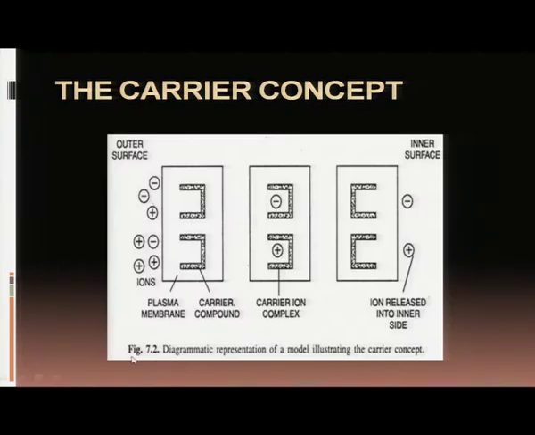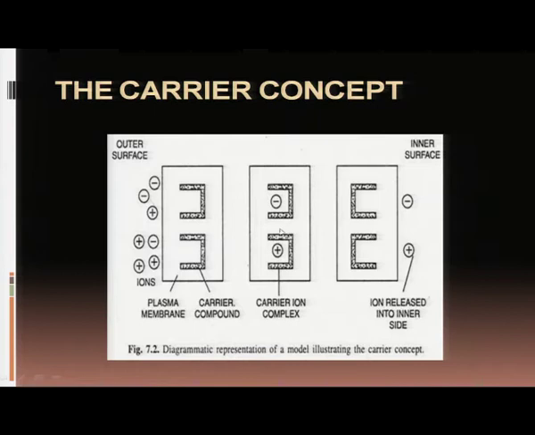We have seen a similar diagram in an earlier class also. Suppose this is the outer surface and this is the inner surface of the cell, and this is the plasma membrane. These are the ions which are to be transported inside. The ions will get attached to the carrier compound and form a carrier-ion complex.